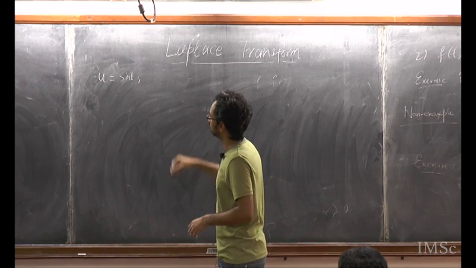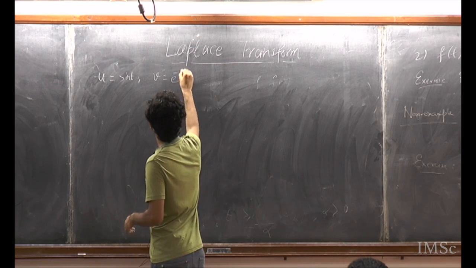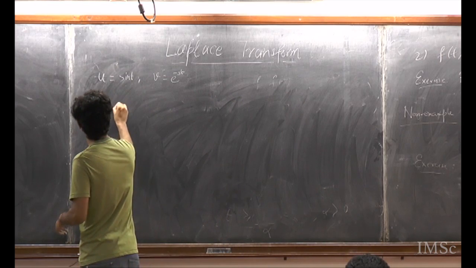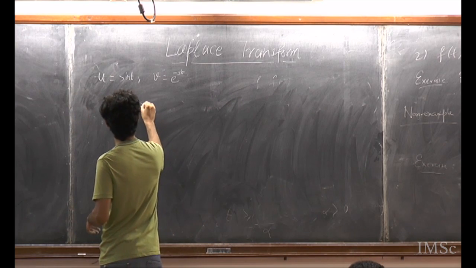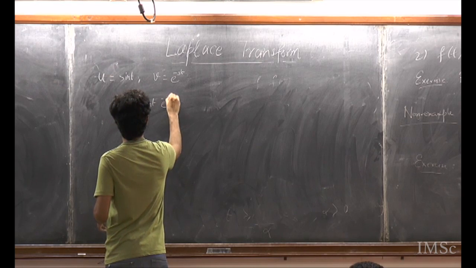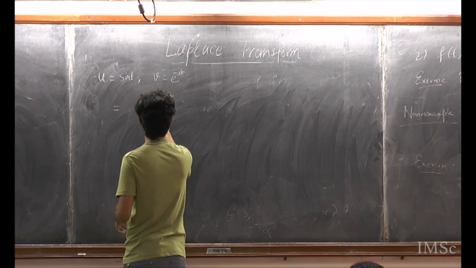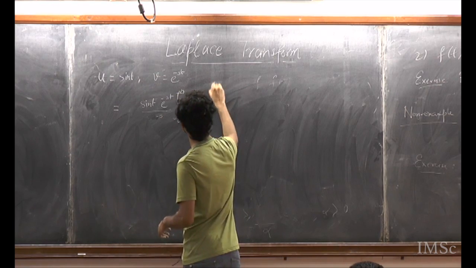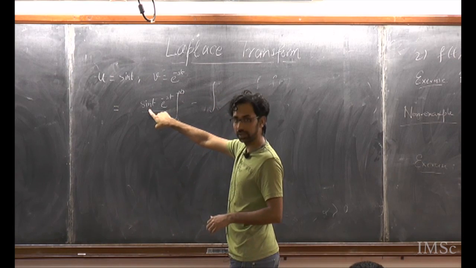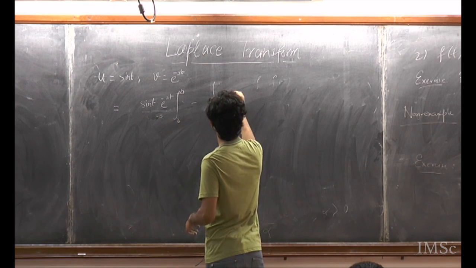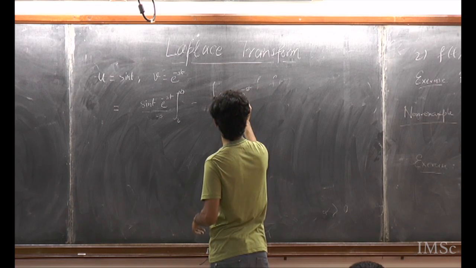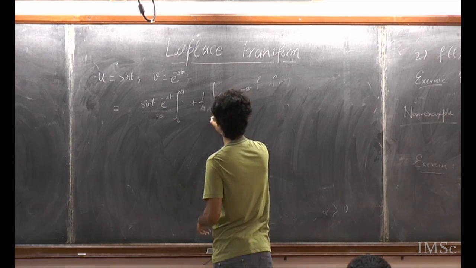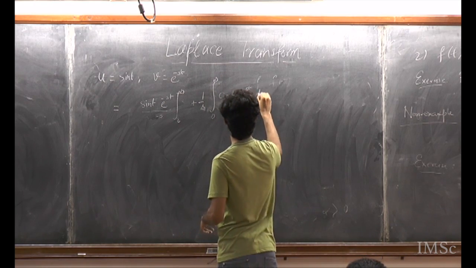Okay. For v, we take e to the minus st. So what do you get? We'll get sine t e to the minus st over minus s, 0 to infinity, minus the differential of sine t, cos t, e to the minus st over minus s, so this becomes plus 1 over s, 0 to infinity.